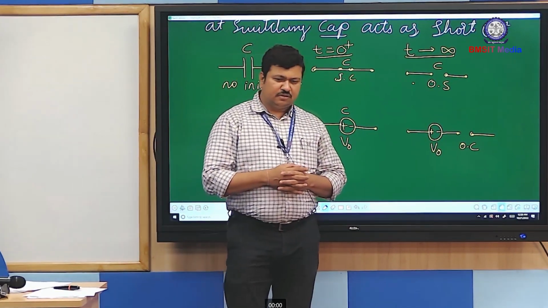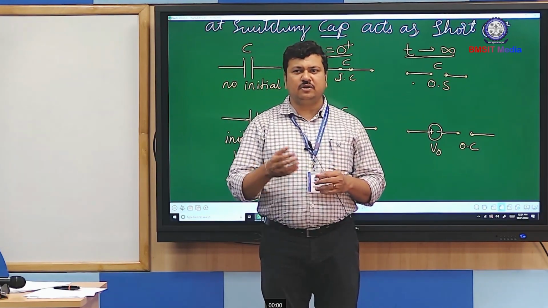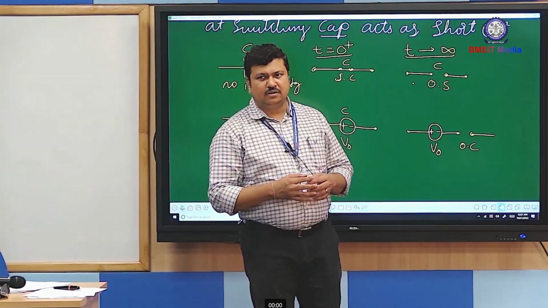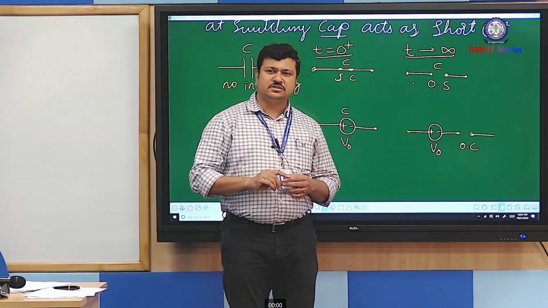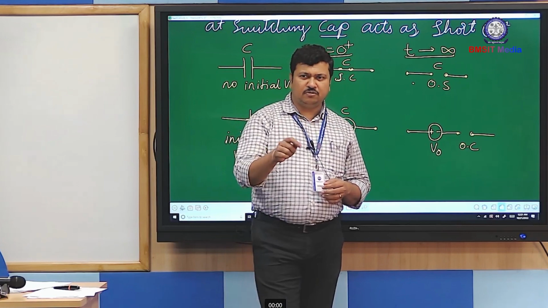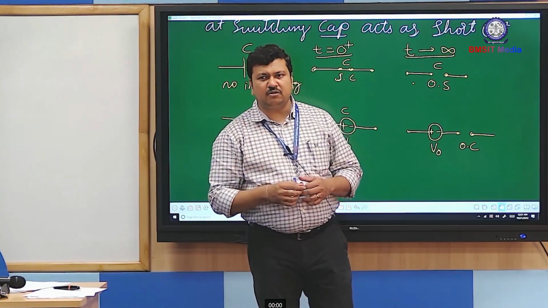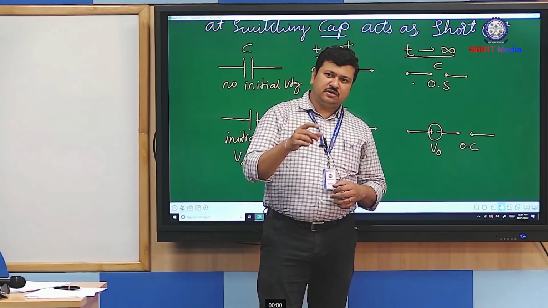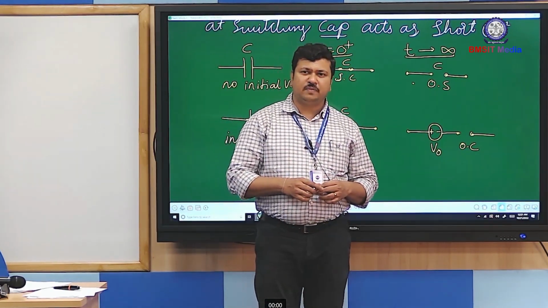The inductor is not changing the current instantaneously, it means the current will lag behind the voltage. The current is not changing instantaneously in an inductor, but the voltage is changing instantaneously. The moment I apply the voltage, the change gets applied. If I change the value of source voltage, the voltage across the inductor will change at the same instant.